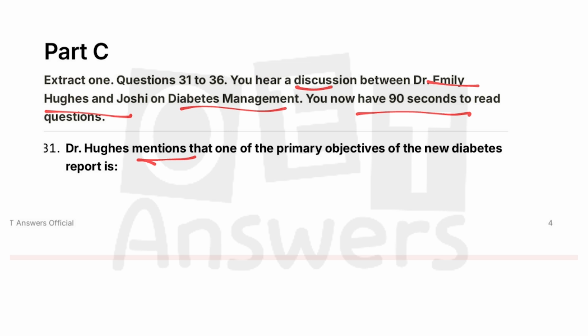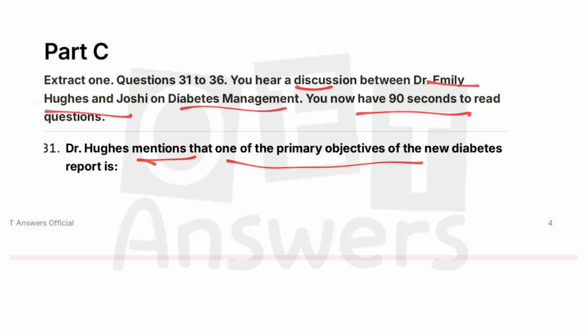So you have to keep this in your memory and look for the answers in the audio. What Dr. Hughes mentions, what is his suggestion or opinion, you have to find it in the audio. Then, one of the primary objectives: there he may explain multiple objectives.